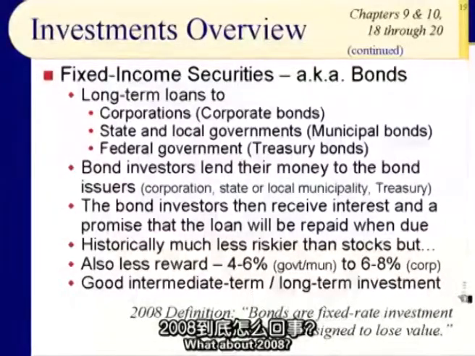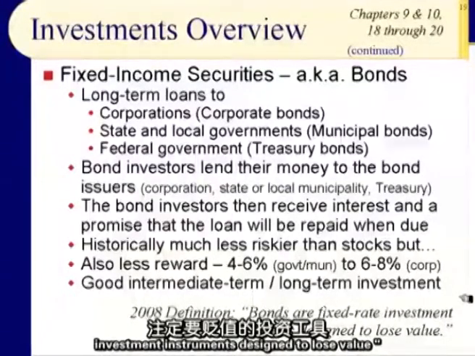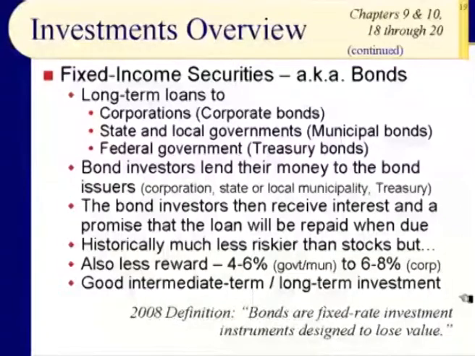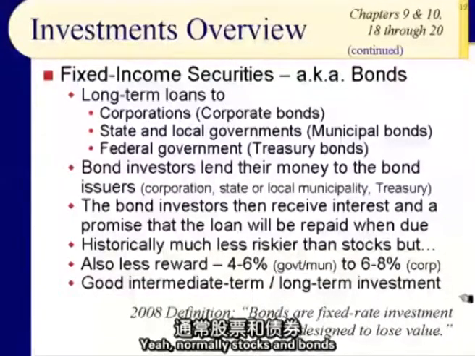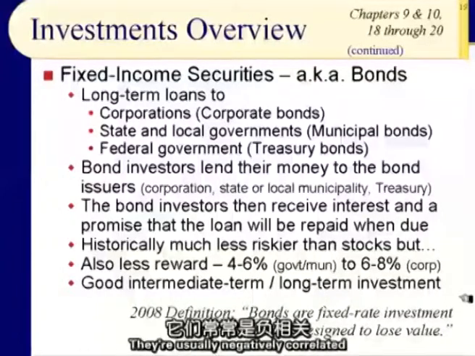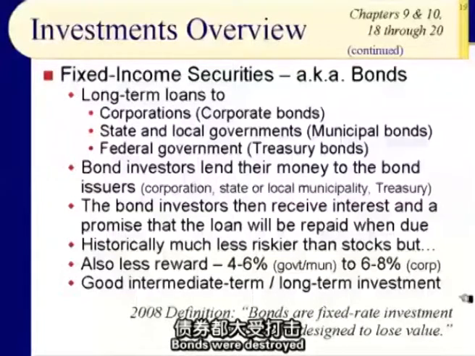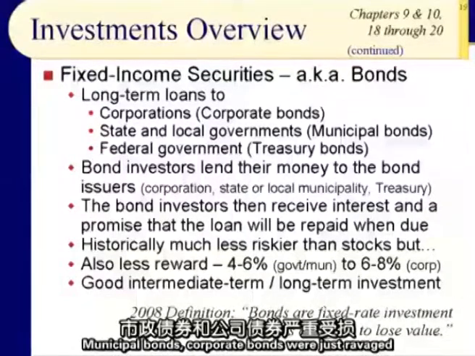What about 2008? Bonds are fixed rate investment instruments designed to lose value, right? Yeah. Normally, stocks and bonds move in opposite directions. They are usually negatively correlated, which we'll talk about later on. But in 2008, bonds, except for treasury bonds, were destroyed. Municipal bonds and corporate bonds were just ravaged.